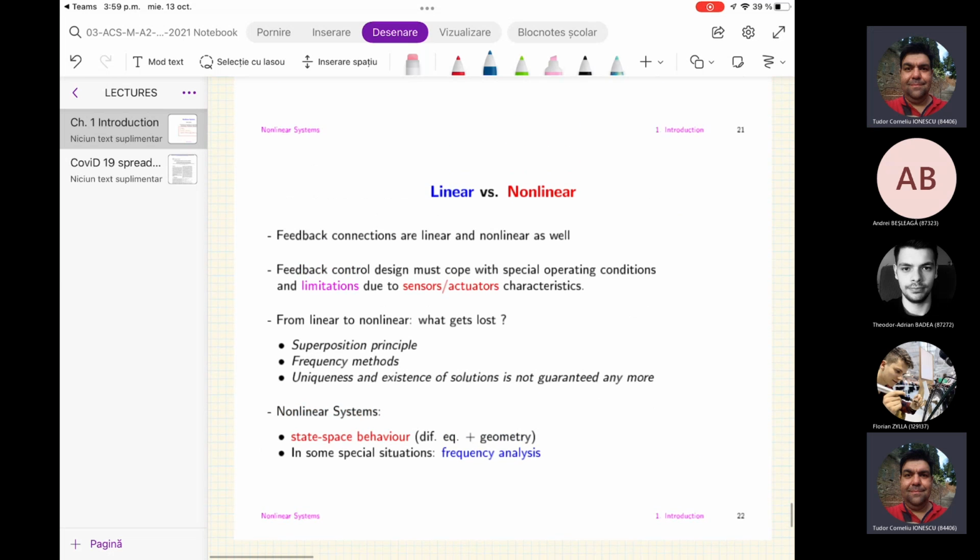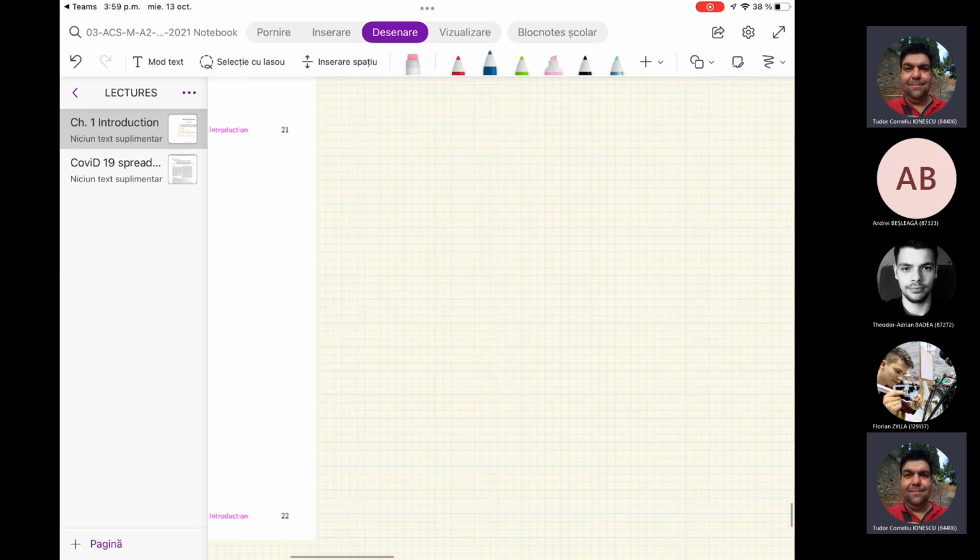So finally, what is linear versus nonlinear? We can also have feedback connections which are linear and nonlinear as well. One way to look at things, and this is something we are going to do at a certain point: you have here a linear system, U, Y, and then you take this and put here a static nonlinearity, and then you plug in this guy, and this is your nonlinear system.